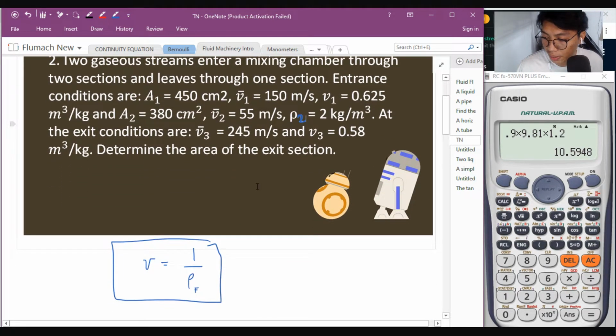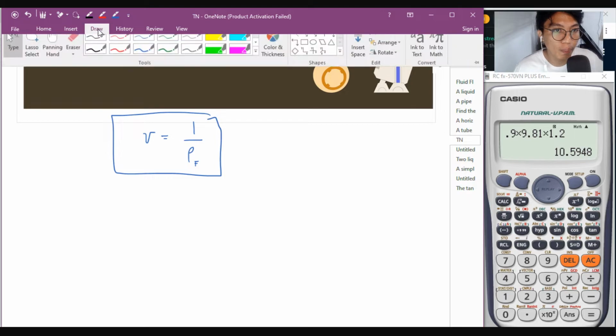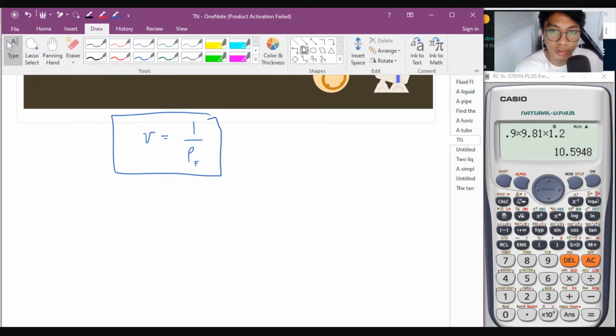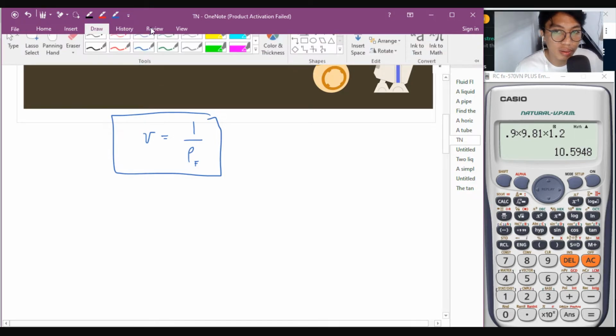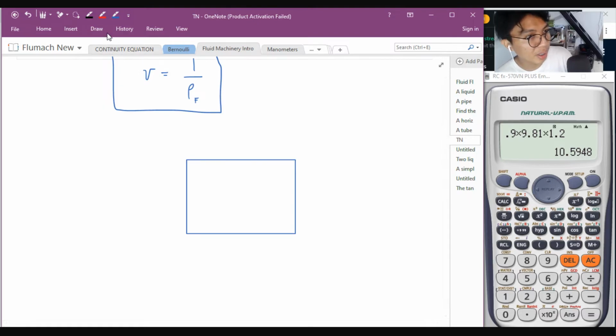So, two gaseous streams. Meron kang mixing chamber. Paano yan? Let us first draw. Ay, gusto ko nagdo-drawing. So, you have here a mixing chamber. This is your mixing chamber. Okay?